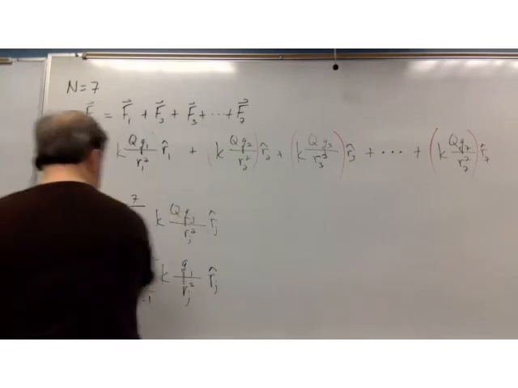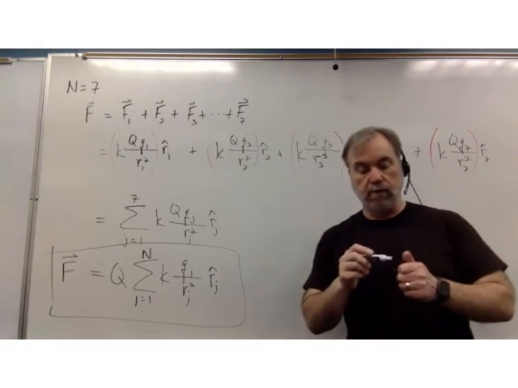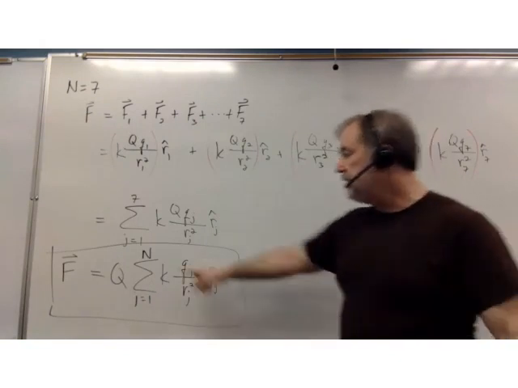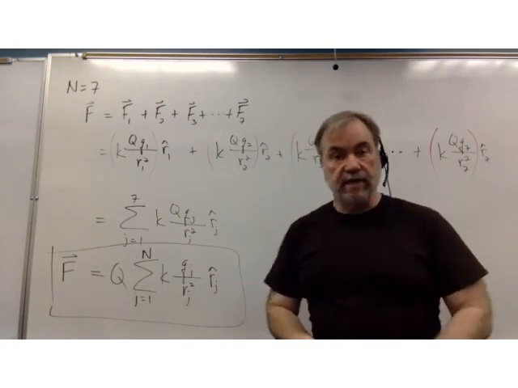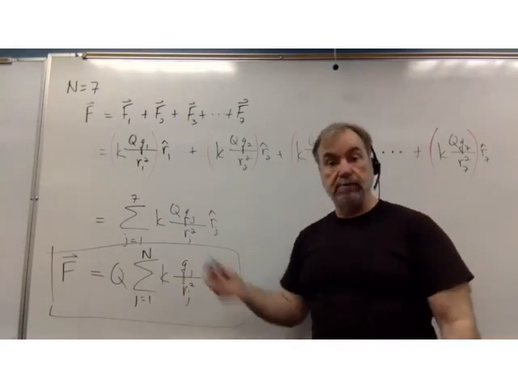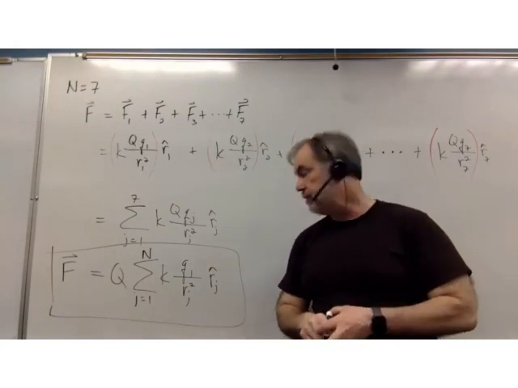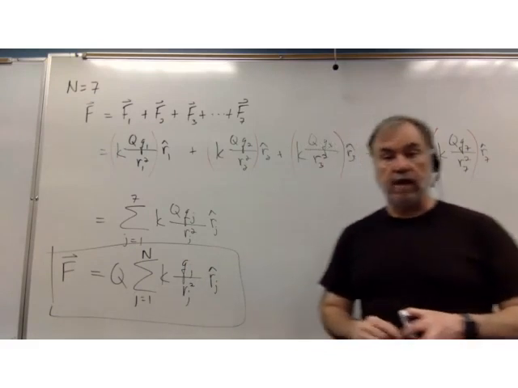All right, so that's pretty good. One thing you'll notice, by the way, is that I replaced 7 with n, because after all, n is equal to 7. The reason I did that, of course, is because this way I can generalize this result to an arbitrary number of source charges. So this is essentially just Coulomb's law.